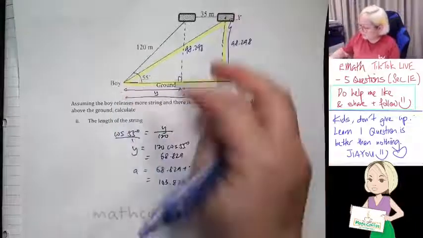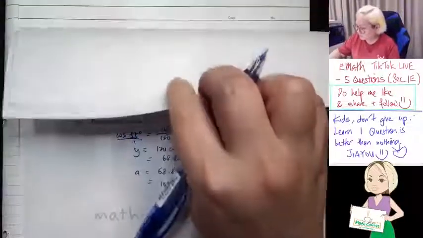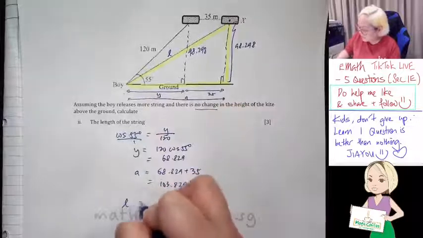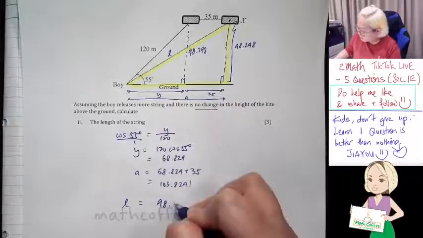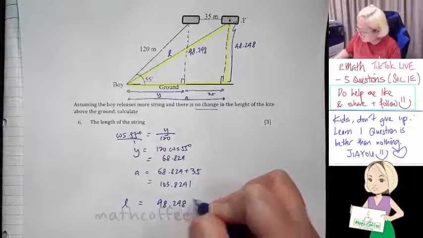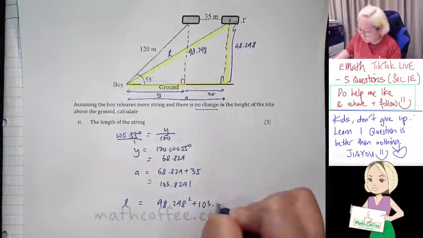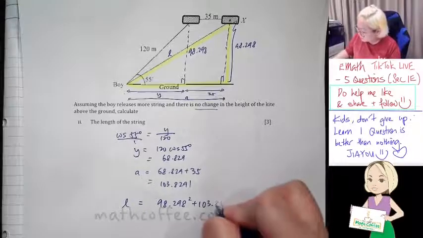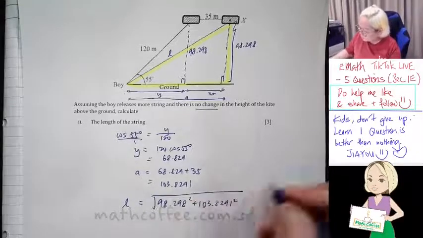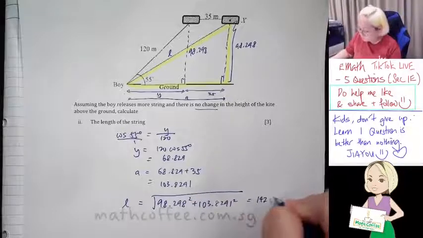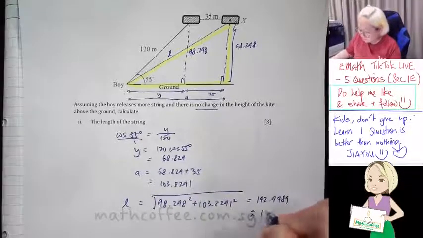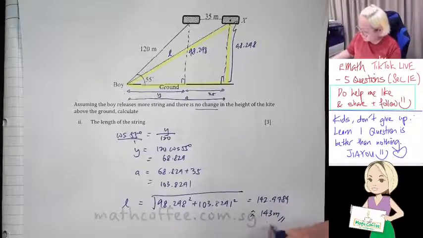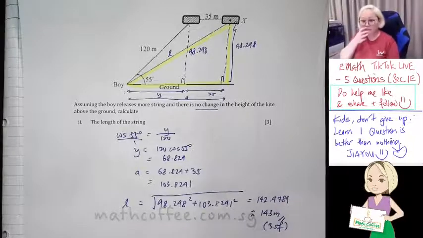The length, I call it L. This one is L. So I will say L is equals to the square root of 98.298 square plus 103.8291 square, and I get 142.9789, round it off 143 meter. Done. Okay, so that is for the length of the string.